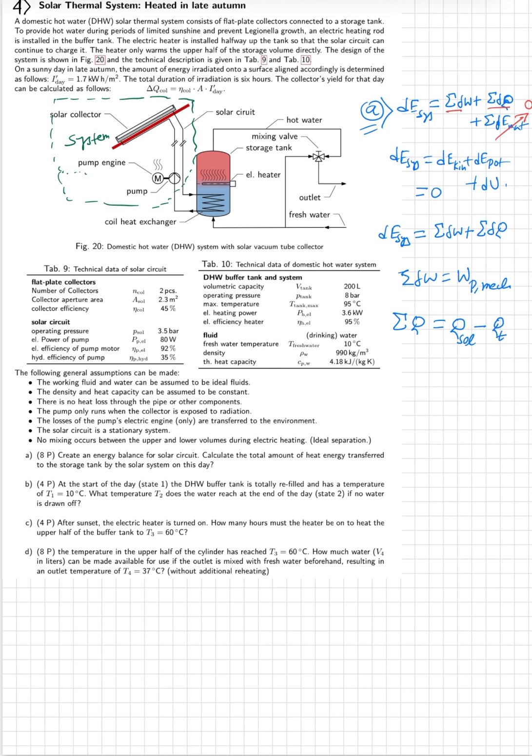So now the equation will be: W pump mechanical plus Q solar minus Q tank equals 0.